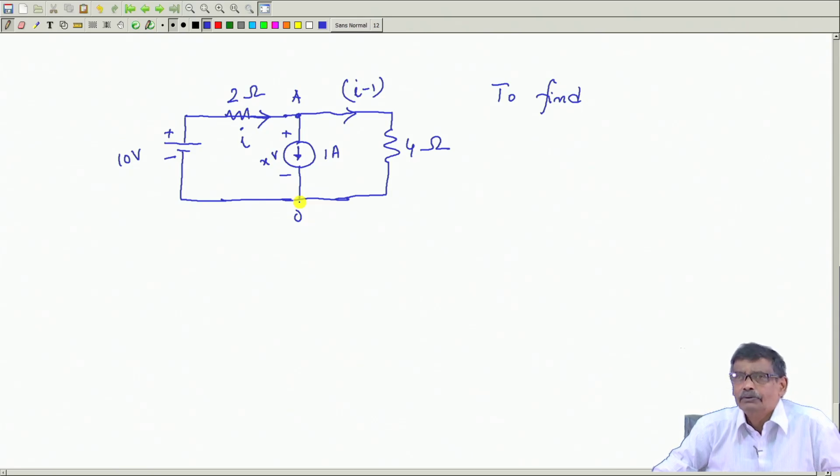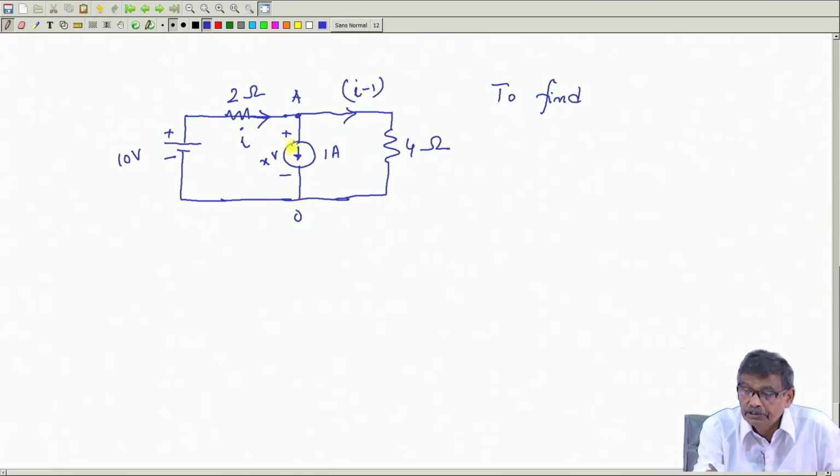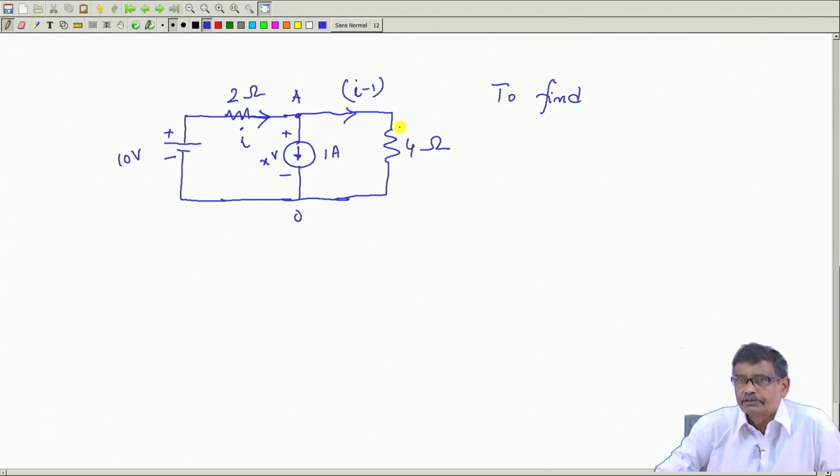As I told you, a current source delivers constant current, but the voltage across it, between these two points, will be decided by the impedances and other things connected across the current source. So that voltage is not known when you start solving a problem, and this is not surprising. In the ideal battery case also it is like this.